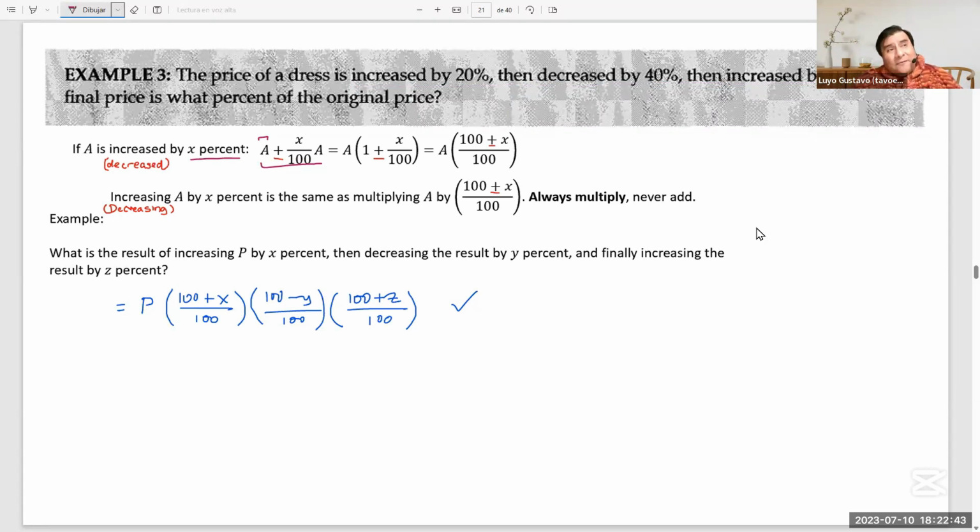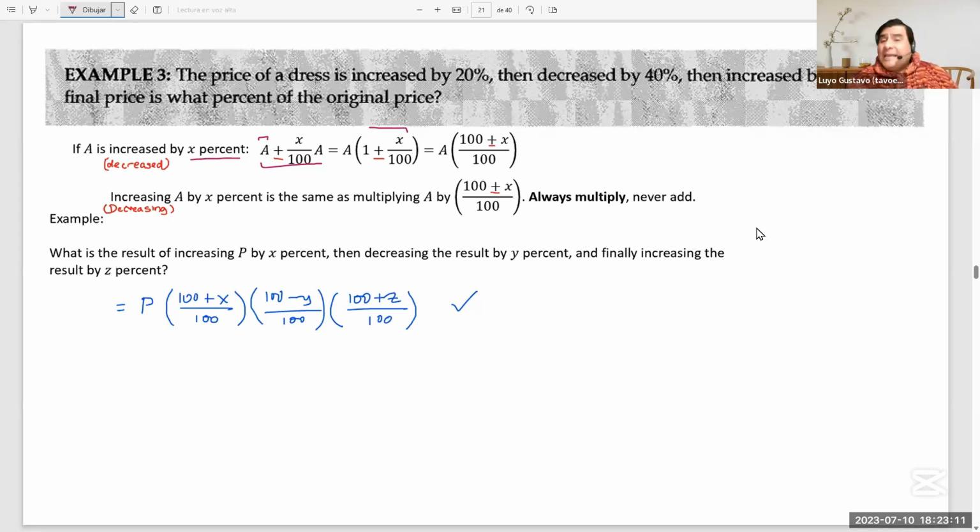And if you give the expression in the parentheses the form of a fraction, then you get A multiplied by (100 plus X) over 100. Now, the minus sign you see there is just in case that instead of increasing by X percent, you would decrease the original amount by X percent. Just change the sign to minus rather than plus.